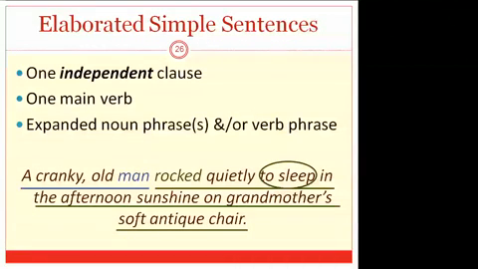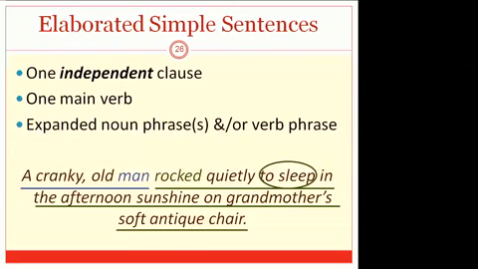So from a structural standpoint, this long sentence is still a simple sentence. However, it is qualitatively different than our first simple sentence, an old man sat on a chair, in that there are many more linguistic elements in this simple sentence. We refer to this as an elaborated simple sentence. It is elaborated because, although it still has just one independent clause, it includes expanded noun phrases and/or an expanded verb phrase.